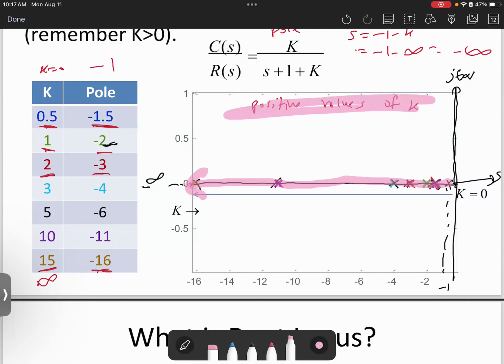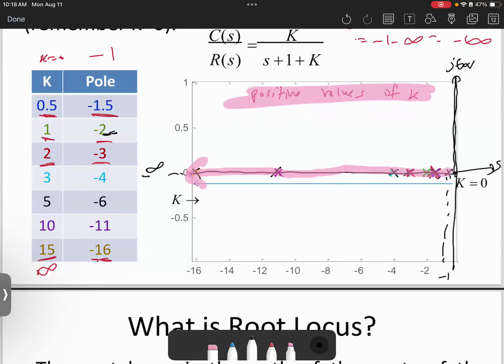So when we have positive values of k, the tendency of the poles moving will be, I can redraw it again, the pole here, here, keep moving until reaching negative infinity. So when k equals 0, it's at -1.